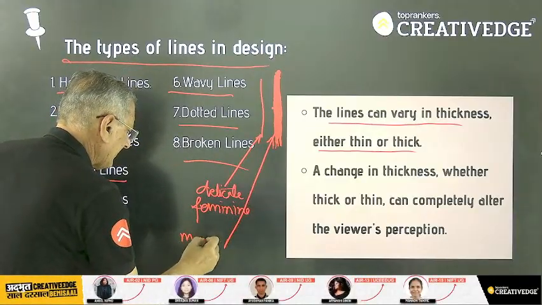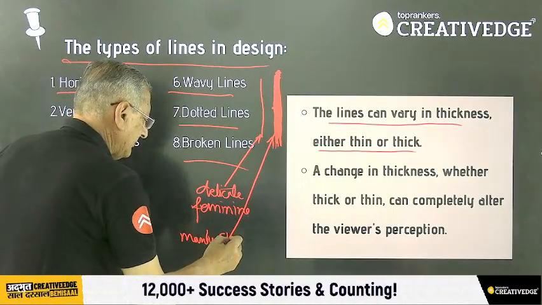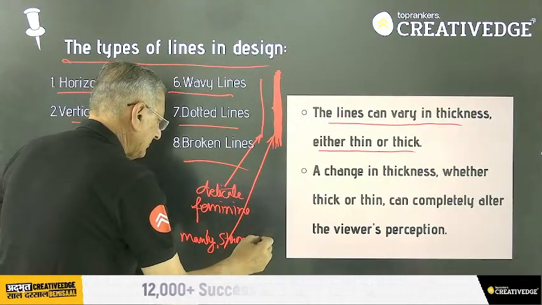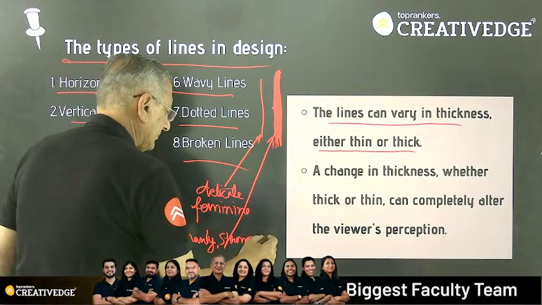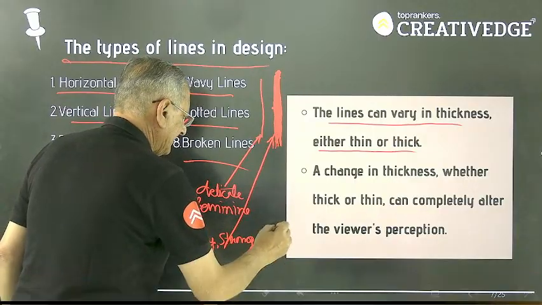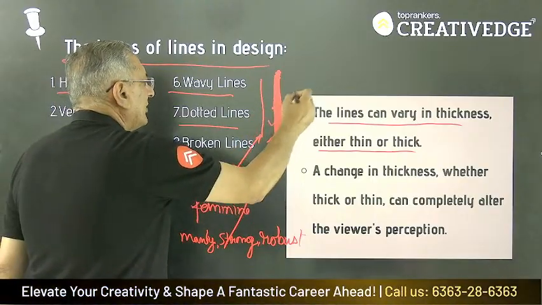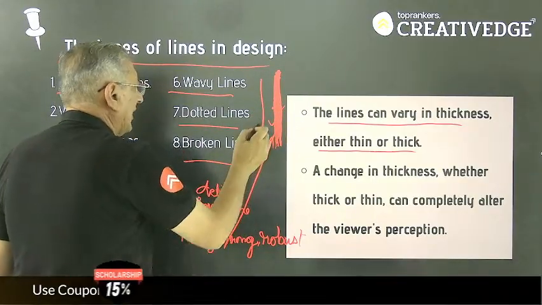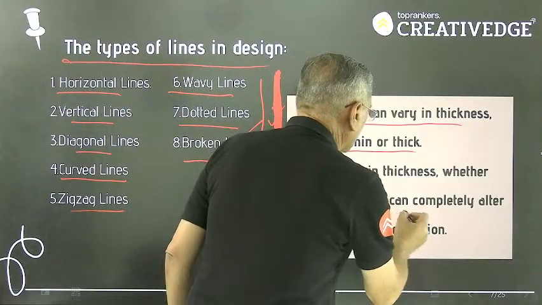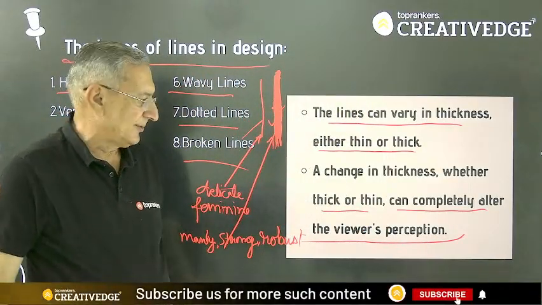Manly, strong, robust. So these are the emotions by a thick line, and these are the emotions by a thin line. A change in thickness, whether thick or thin, can completely alter the viewer's perception. That's what my saying is.